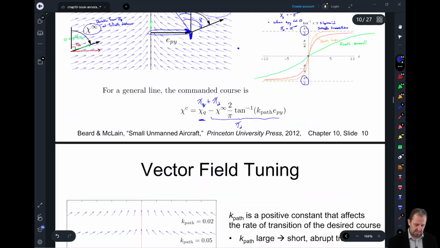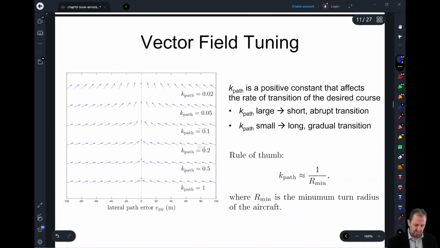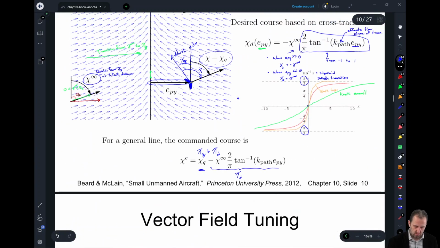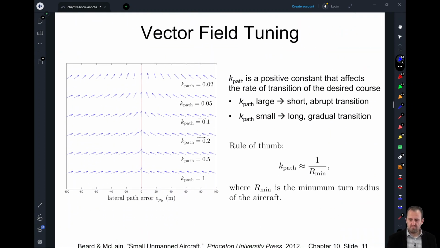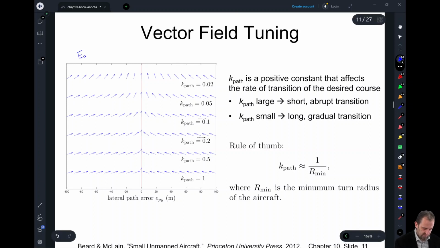All right, so taking a look a little bit more at that vector field tuning. Each row in this picture is a different value for k-path.